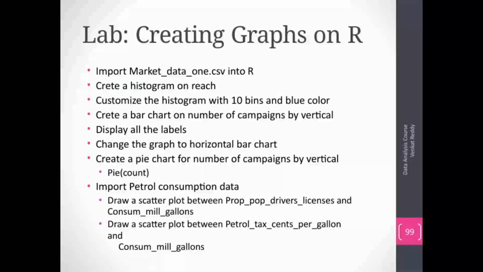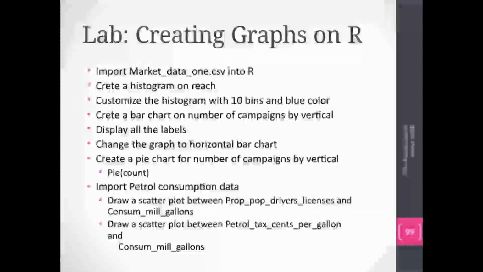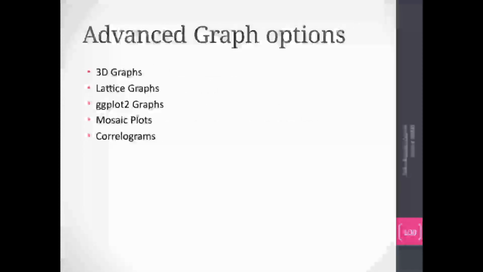Next up are ggplot2 graphs, a powerful and flexible plotting system in R that enables us to build sophisticated and aesthetically pleasing visualizations with ease. We also have mosaic plots, which are excellent for displaying the relationships between categorical variables in a visual way that is easy to interpret. Correlograms are another key tool.